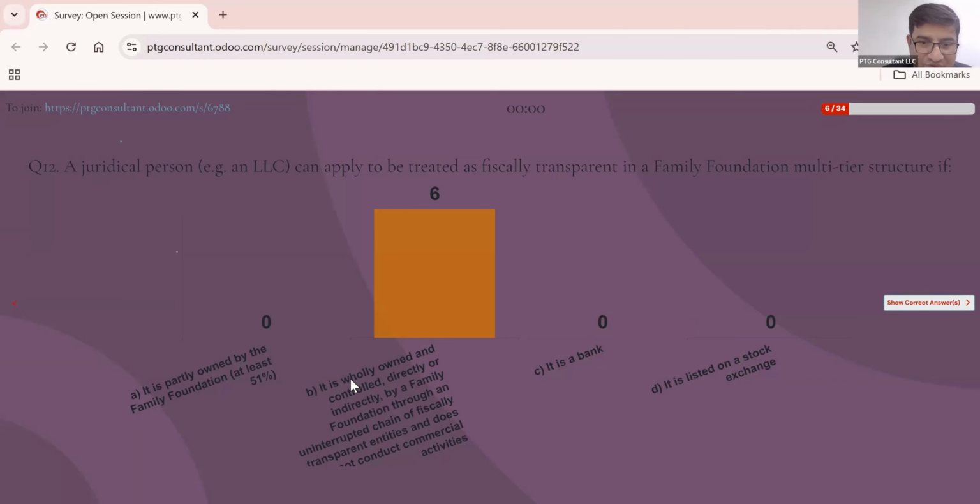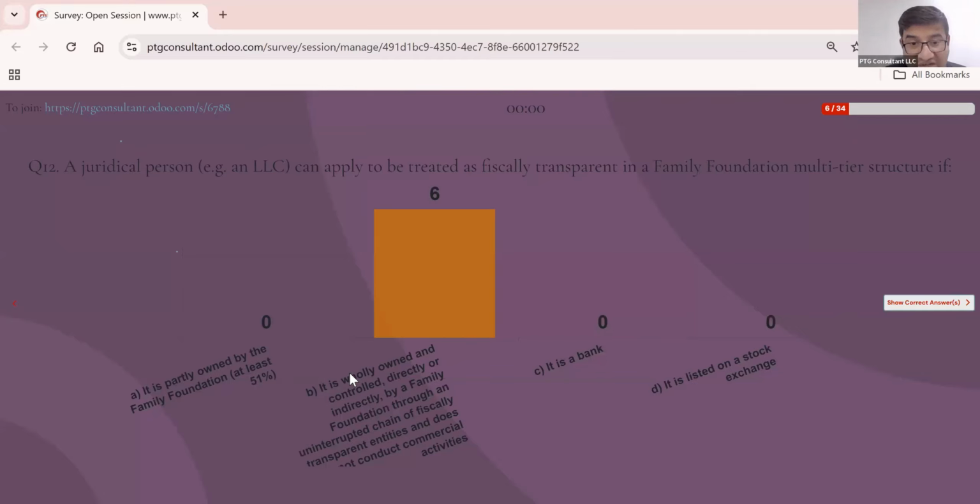There will be certain circumstances where the family foundation is owned by another subsidiary; if it is wholly owned, it is subject to transparency and can get the, I will use the word exemption, but normally we say the transparency application is approved.